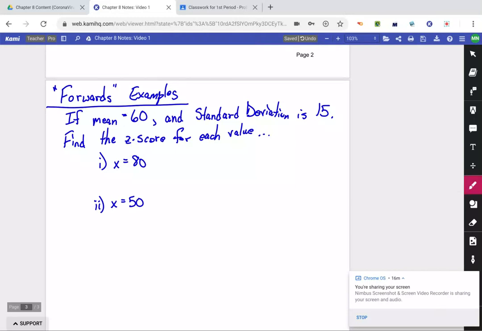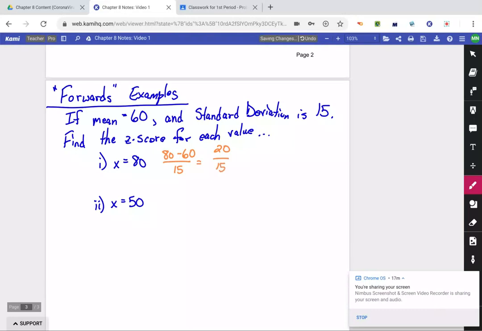Okay, how far is 80 from 60? You can either jump right to this problem and say it's 20 above, or you can use the formula, right? You could do 80 minus 60 divided by 15. And that is 20 over 15.